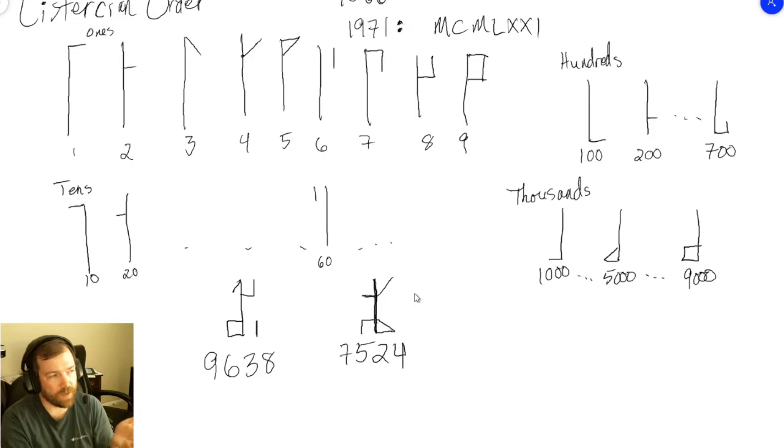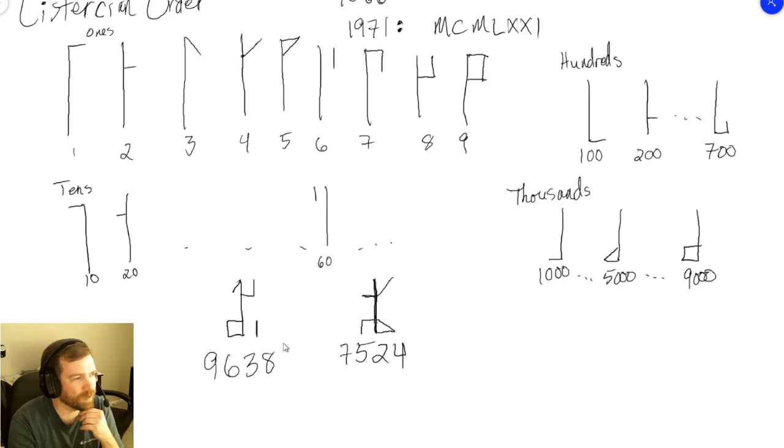There's no easy way to carry, for instance, hundreds into thousands. So here we're adding 600 and 500. Well, hundreds are in the bottom right, so I've got a 600 here and a 500 here. How would we be able to combine these two things, right? It doesn't really fit.